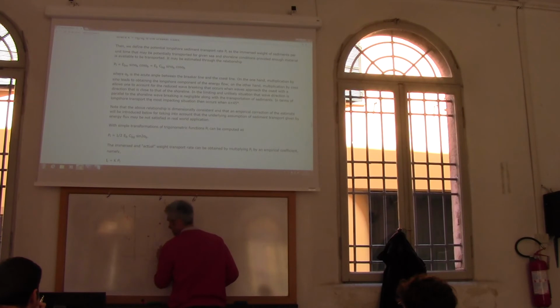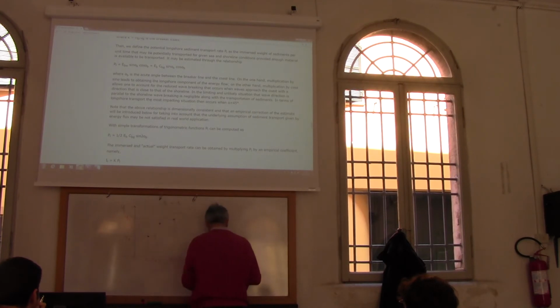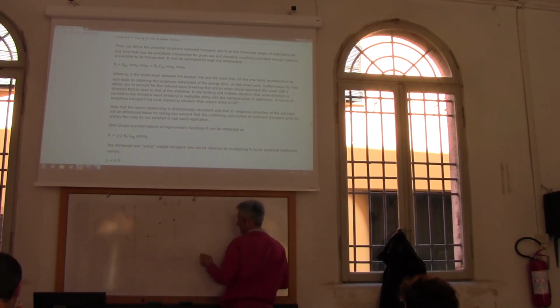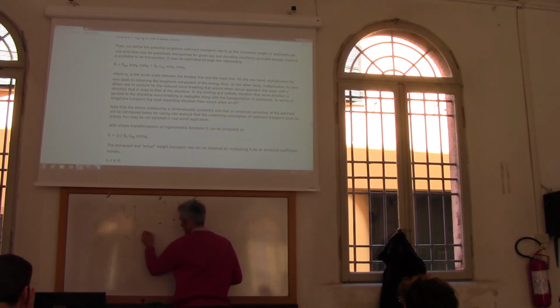And the angle, but if I put it like this, the angle is close to 180. Let me do this. Okay, let's do it like this. And I know this, which is alpha. Good.